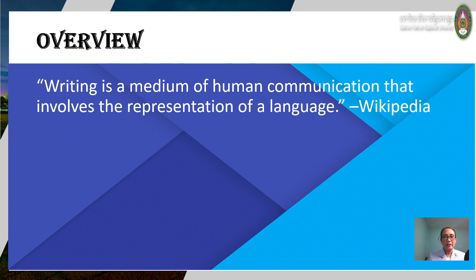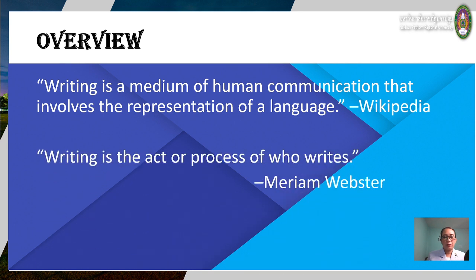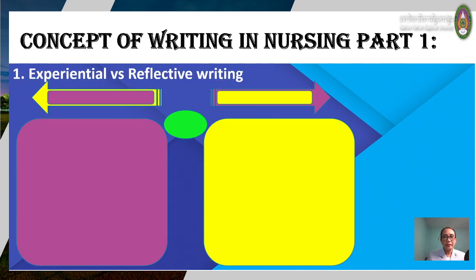As an overview, we all know that writing is a medium of human communication that involves the representation of a language. That's according to Wikipedia. Also, Merriam-Webster says writing is the act or process of one who writes. So let's discuss in detail experiential versus reflective writing.